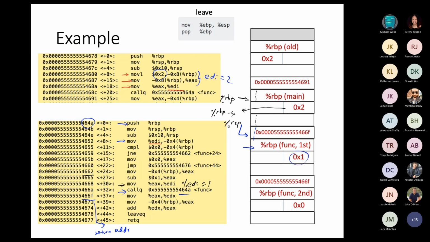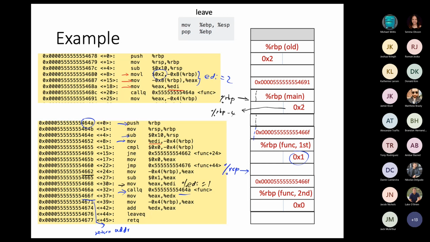So we have 1 here. And at the same time, we remember there should be a subtract for the RSP, 10. So it would end up somewhere here. That will be the new RSP.